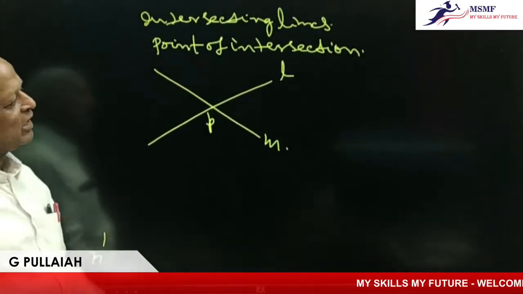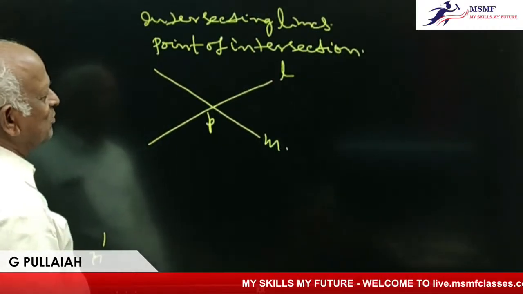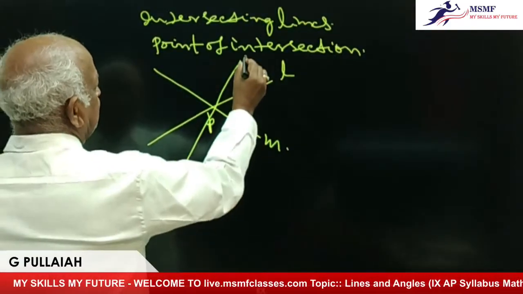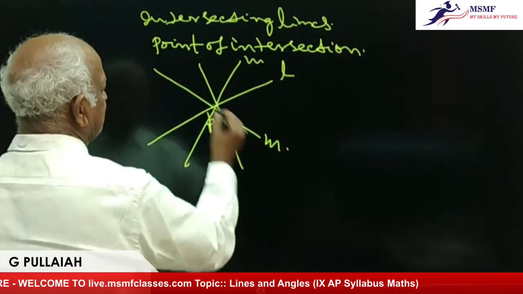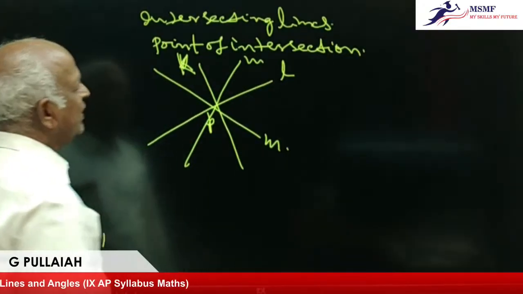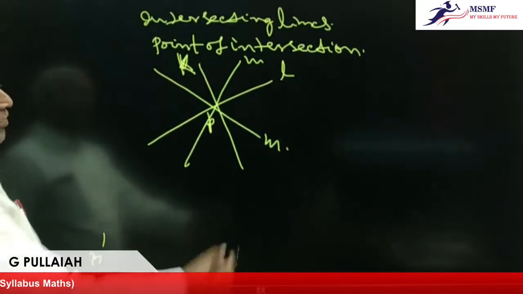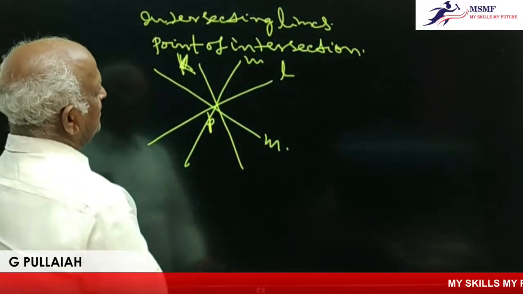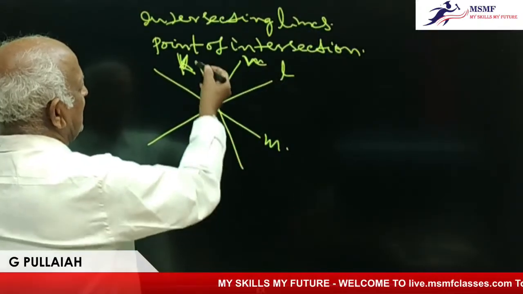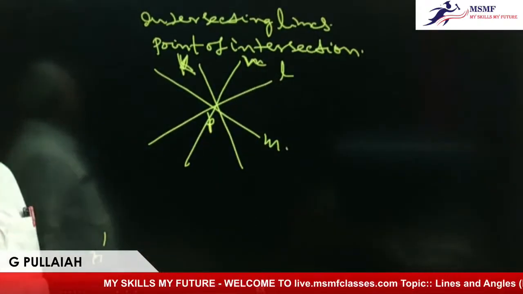And let us see what happens if more than two lines are intersecting. Observe very carefully. Here we have lines M, L, let us say this is N, K, and so on.